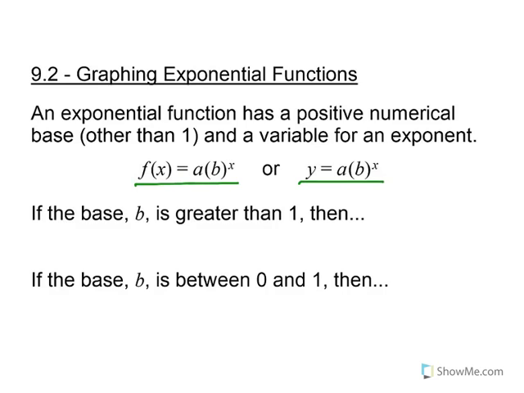So a will be some constant, b is the base, so it's a positive numerical value other than 1, and x is our variable. Okay, so there are two different types of exponential models, and they are growth models and decay models. So if the base b is greater than 1, then we have an exponential growth model.